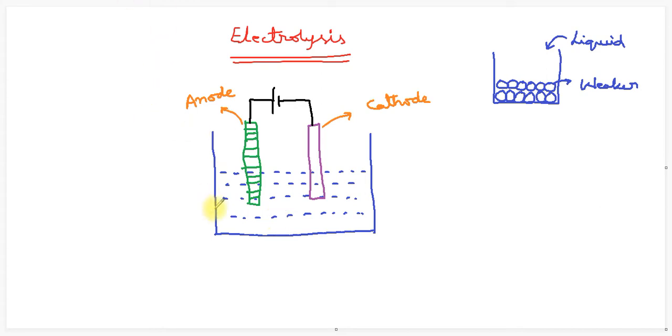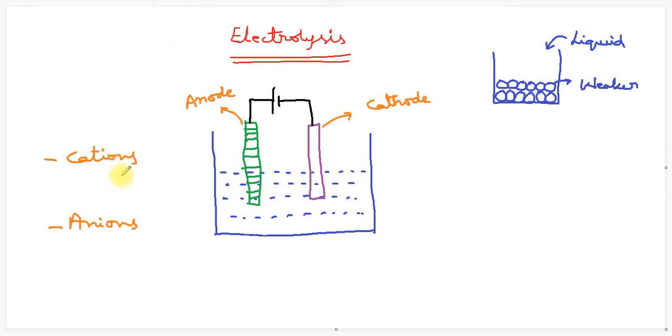Now, those ions are of two types: cations and anions. Definitely, if we break anything, they will convert into either cations or anions.